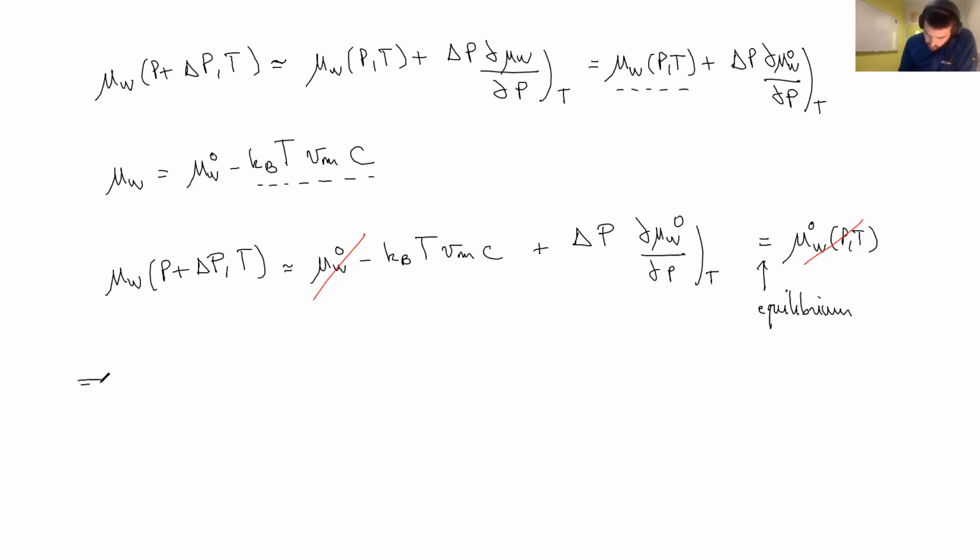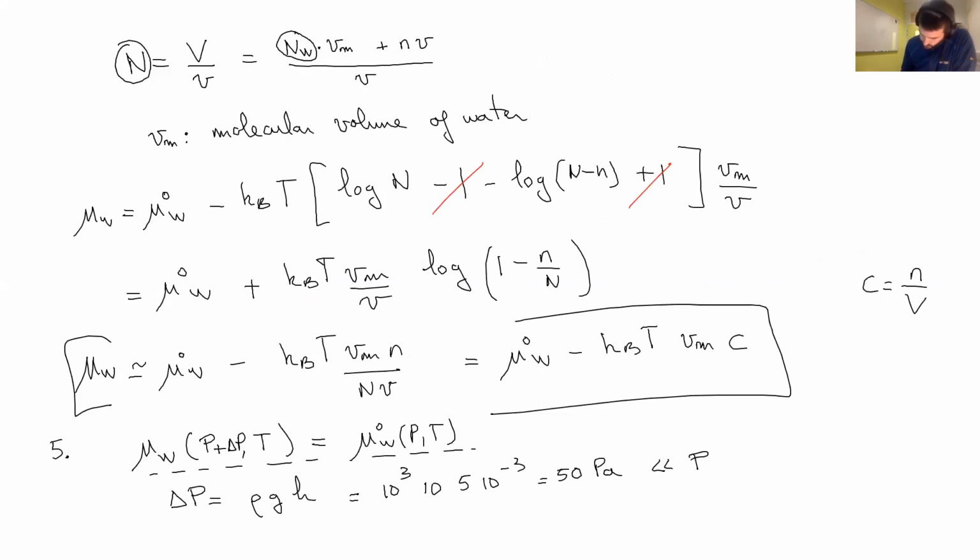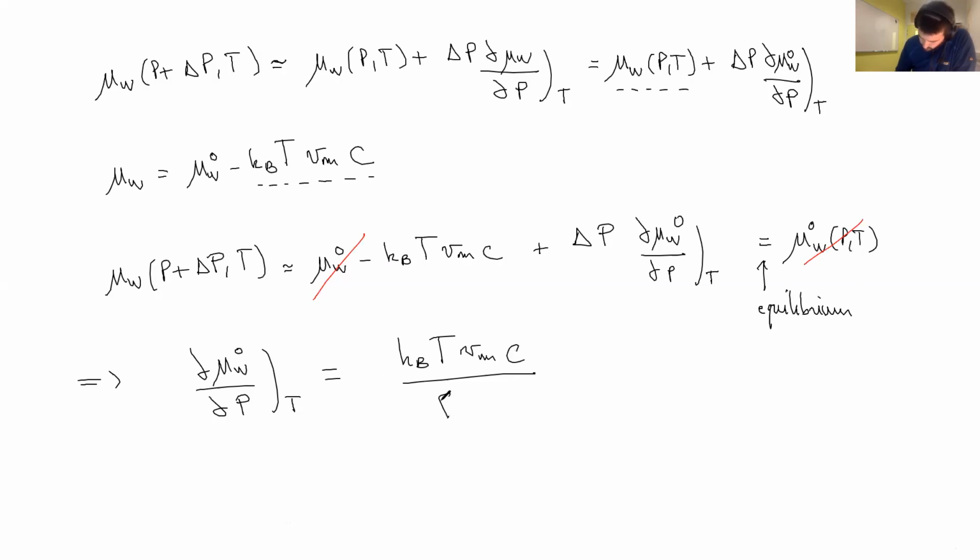the following law, which is the fact that the variation of the chemical potential in the pure phase with respect to pressure at constant temperature is equal to kBT VMC divided by delta P, and delta P, remember, is rho GH. Rho GH here. All right.